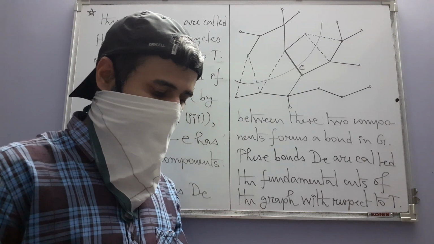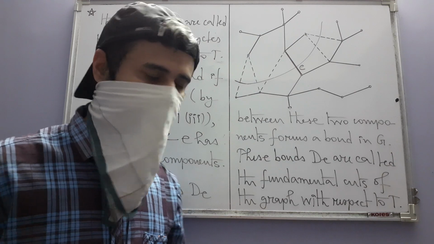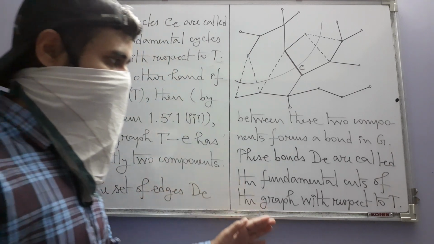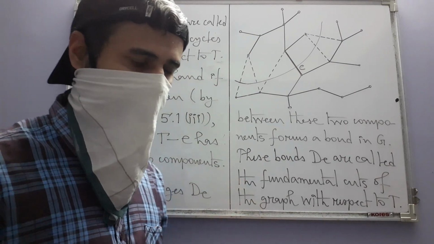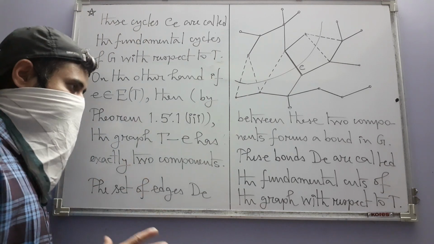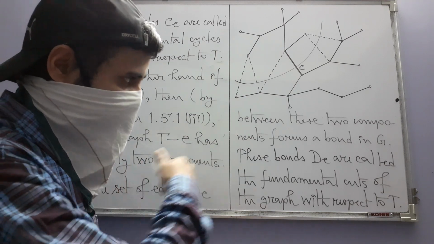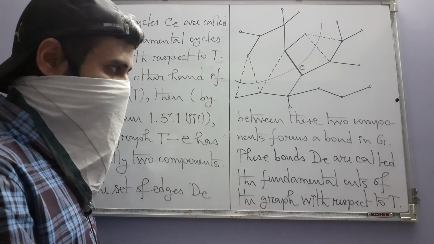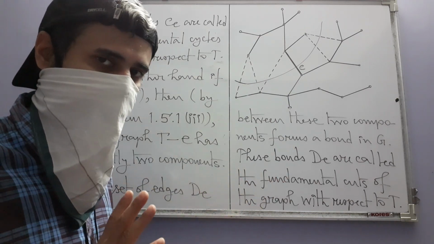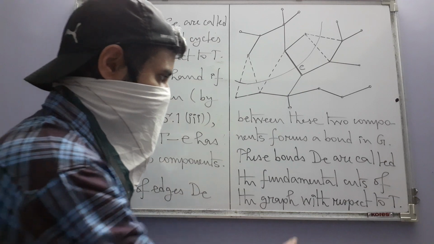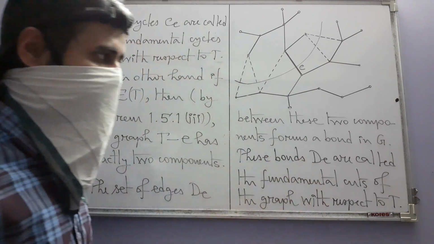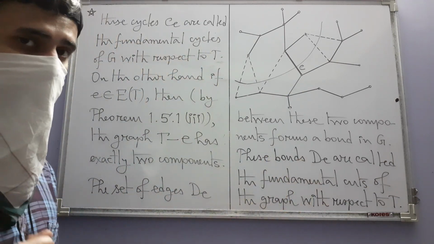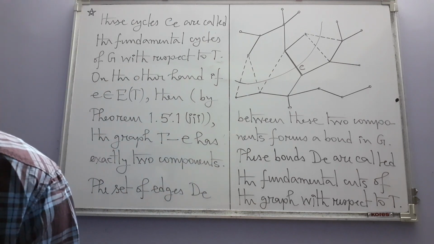Now, why are we suddenly defining these things, fundamental cycles and fundamental cuts? It turns out that among all the cycles, the fundamental cycles actually span the cycle space. Similarly, the fundamental cuts actually span the cut space.